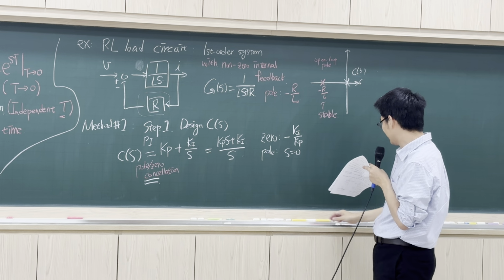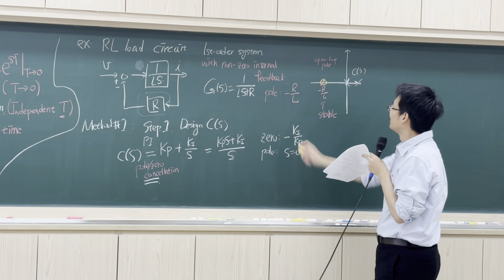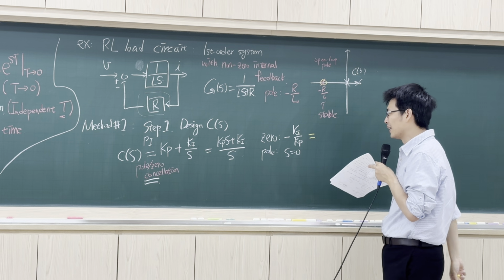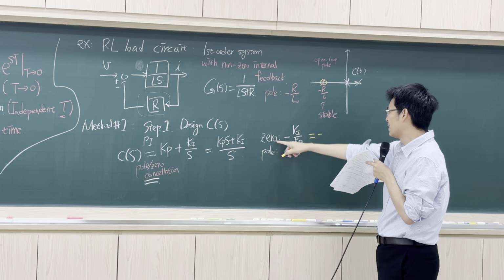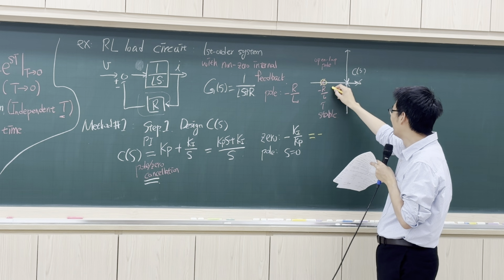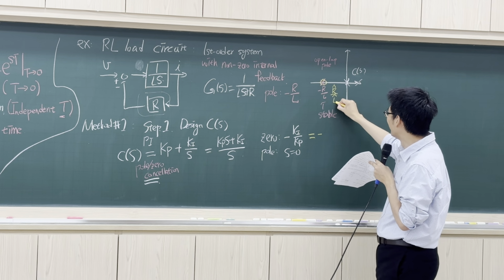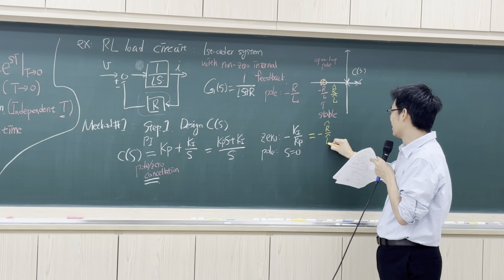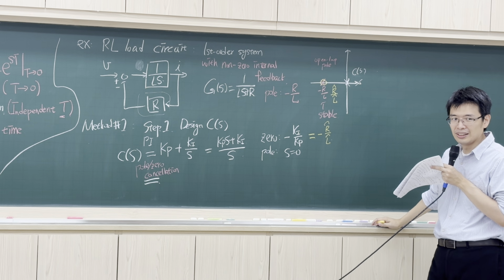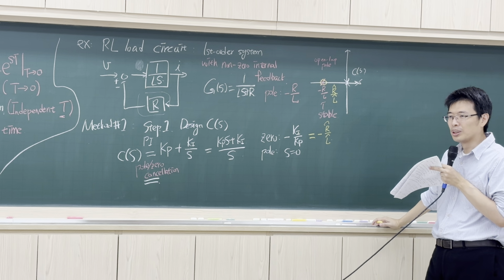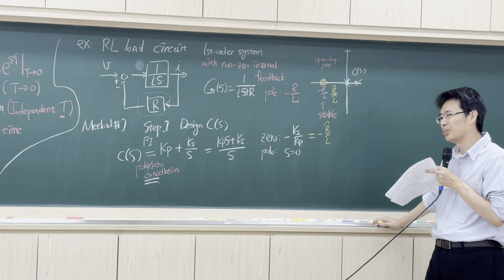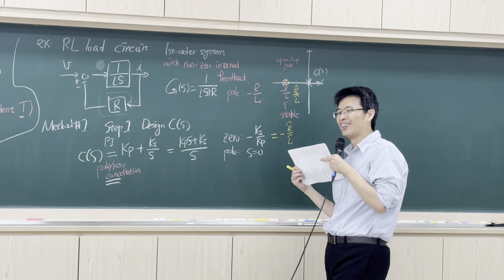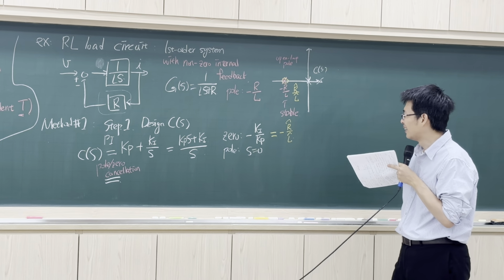And another zero, so we just apply pole zero cancellation to make sure this is the overdamped system, which is this zero should be equal to minus R hat over L hat. Using hat to denote that this parameter is the estimate parameter. We didn't know the actual condition in the real world. So you use R hat, and you can analyze the parameter sensitivity later.